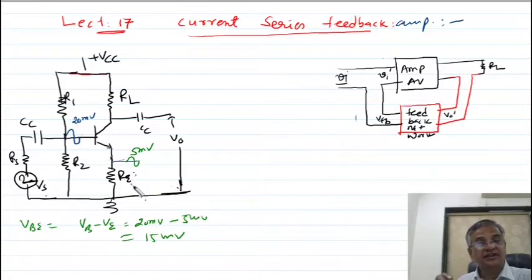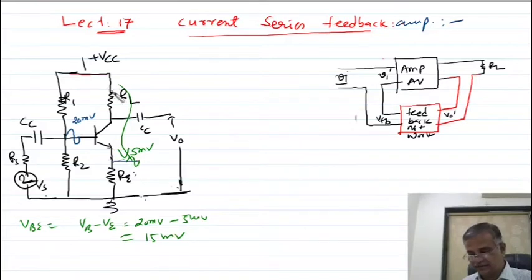Now let us see current. Why am I saying current? What is the reason? This voltage depends upon this emitter current. The current is coming in this way. So it depends upon the emitter current.